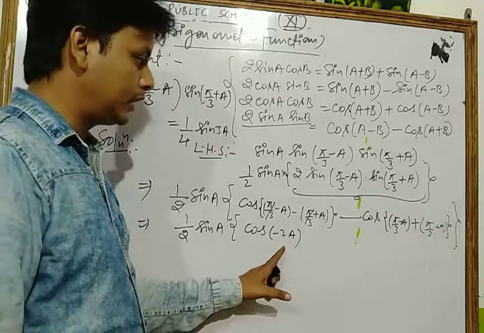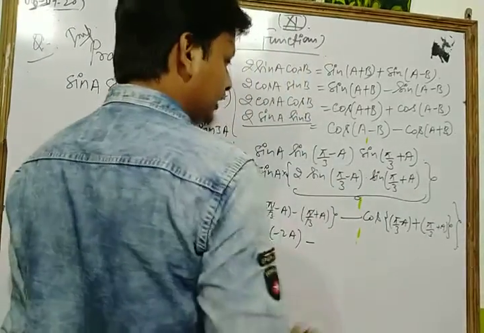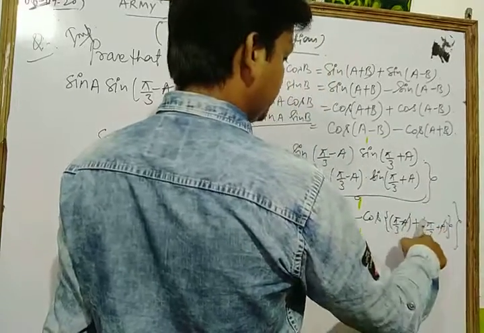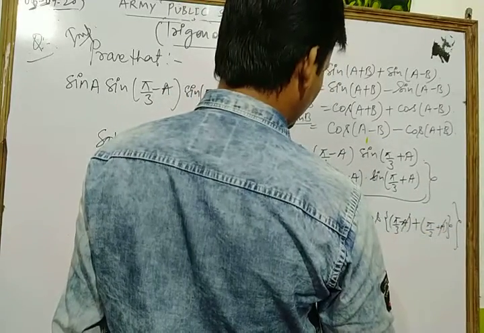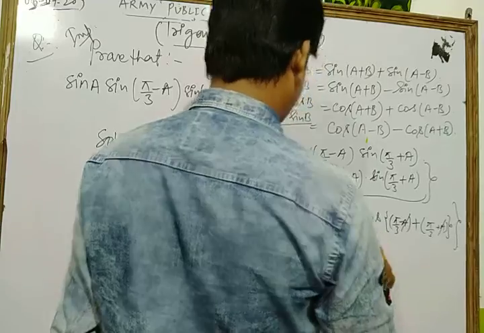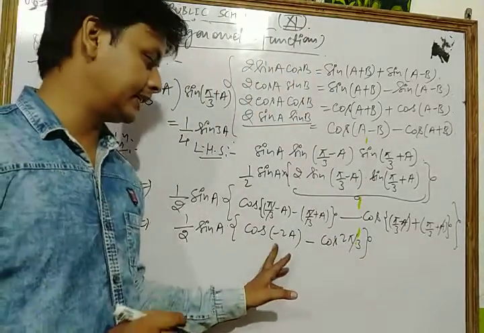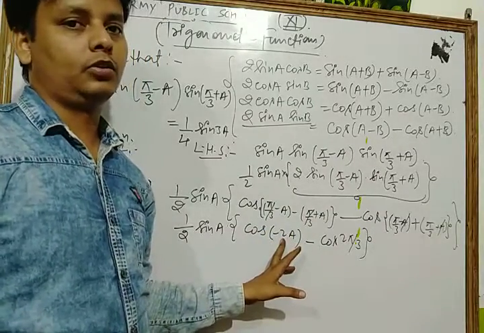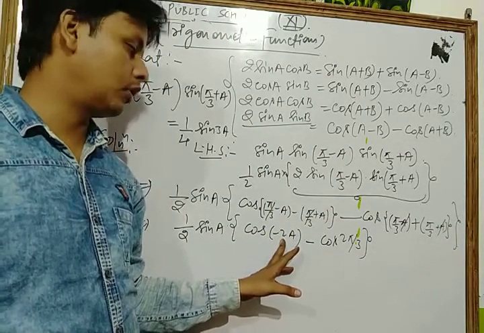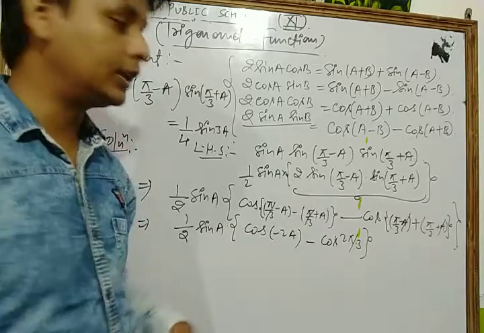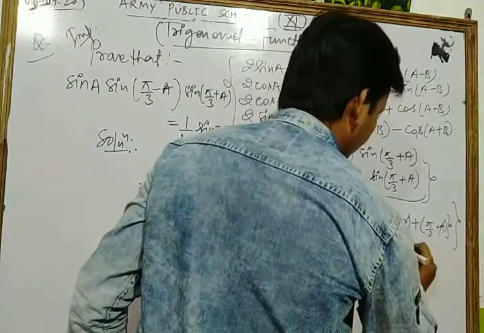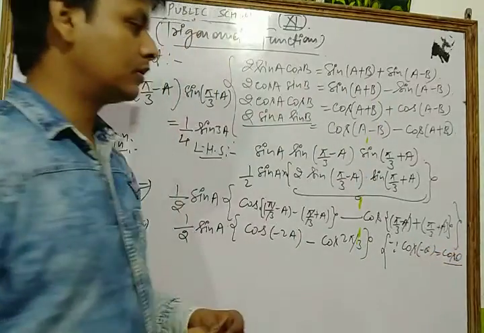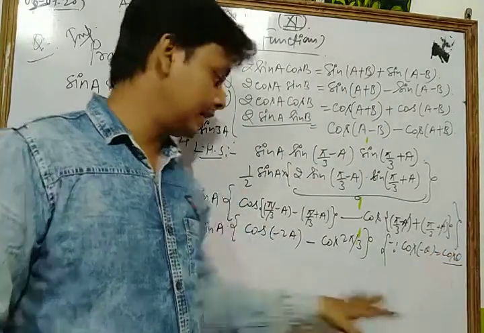Here minus A plus A cancel each other, pi by 3 plus pi by 3 gives cos 2 pi by 3. Now cos minus 2A: what is the formula for cos minus theta? Since we know that cos minus theta is equal to plus cos theta.